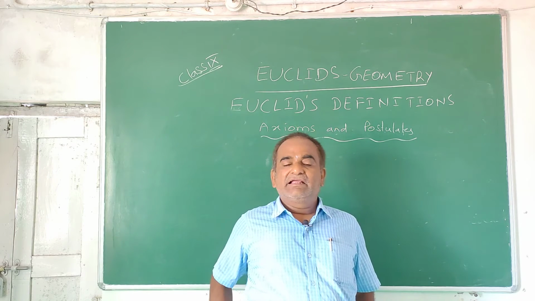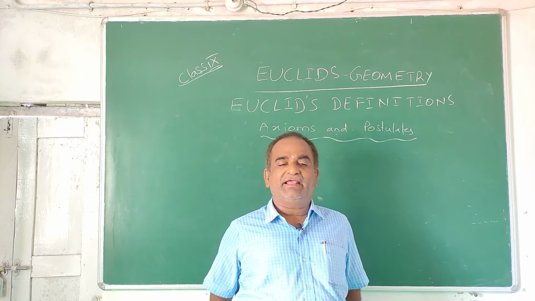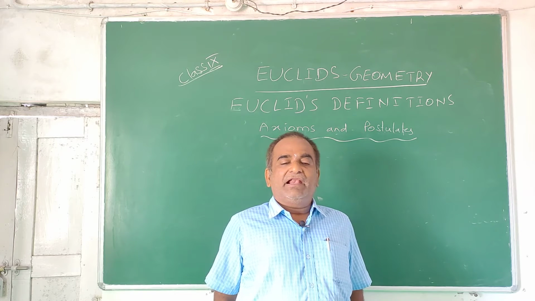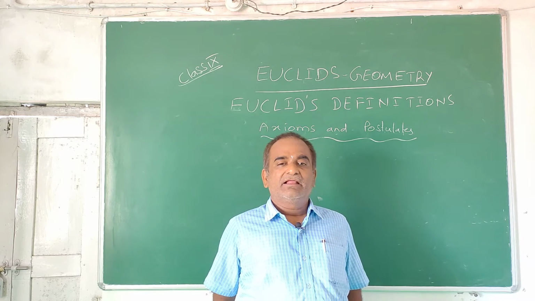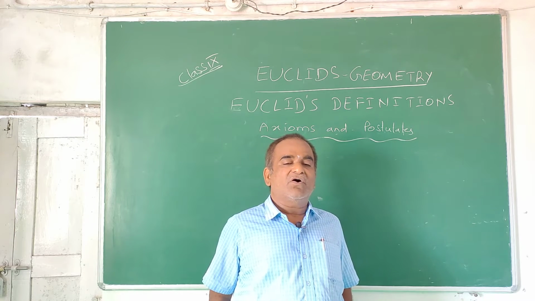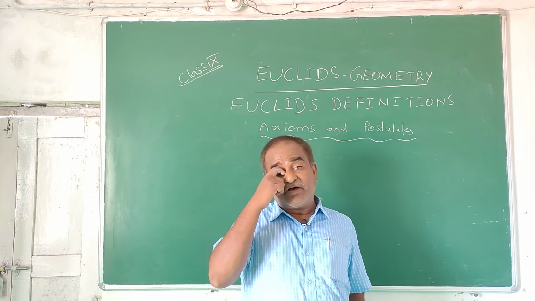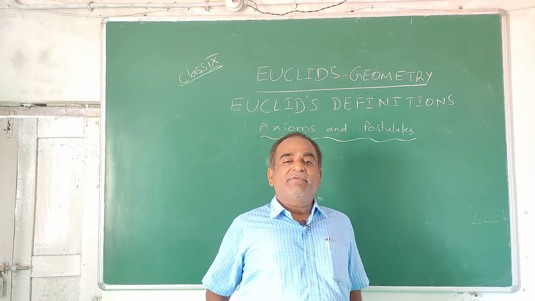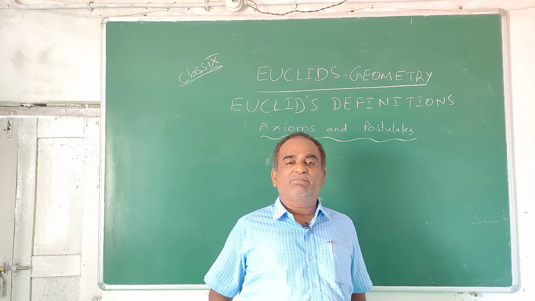Especially if it is a universal truth relating to geometry, it is called a postulate. In all other areas, the universal truths are called axioms. Even in geometry, you can call them axioms, but in geometry, for axioms, there is a specific name, that is postulate.